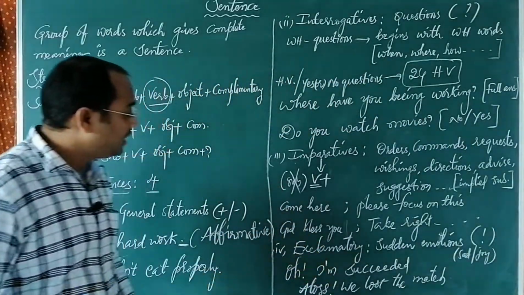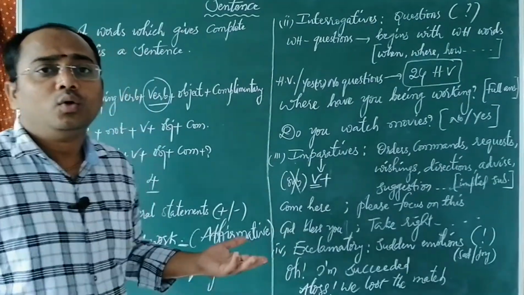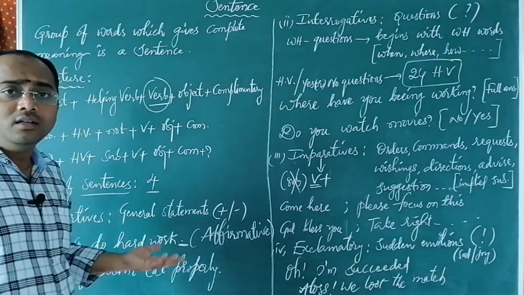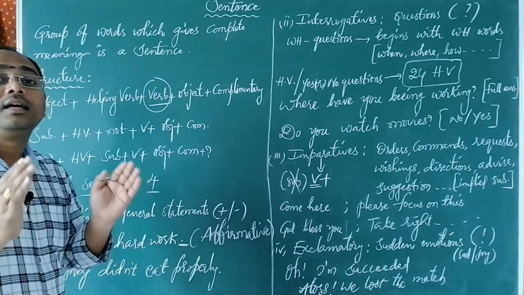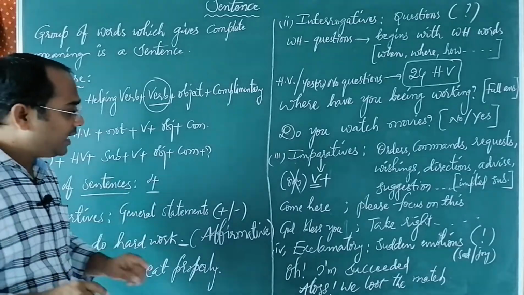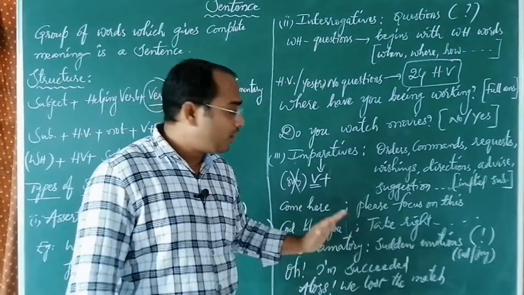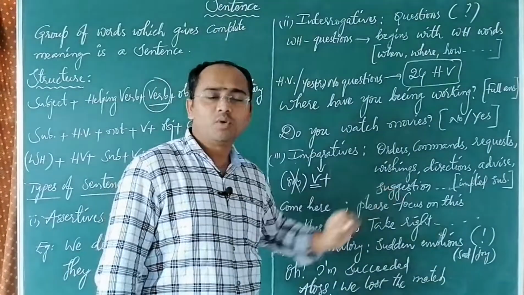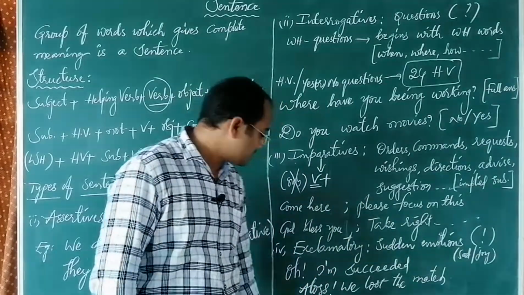What are those? Oh, wow, hooray, alas, phew, ha. These are general expressions which we use as interjections. But when you come to the exclamatory sentence, it is a sentence where you can show all these sudden emotions, sad or joyful.